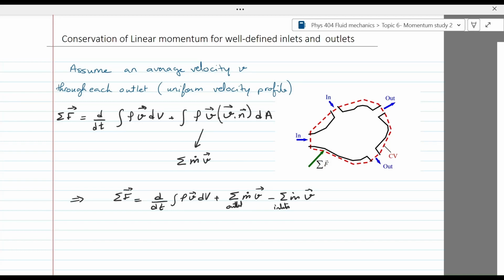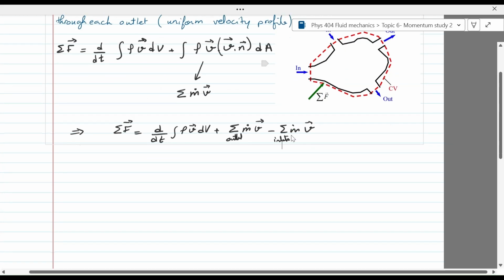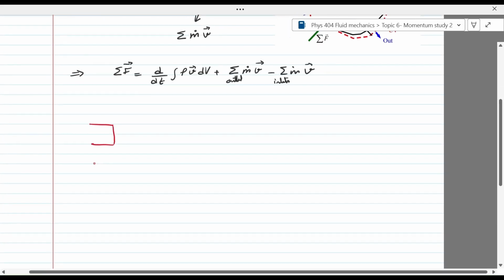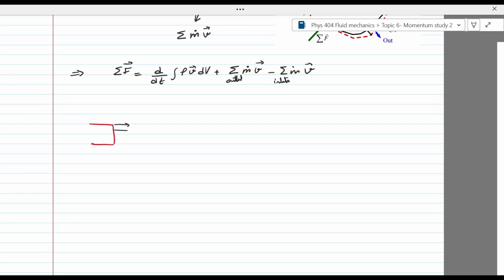Velocity is not really uniform, and taking this as an average velocity over each inlet is not very realistic, because for my outlet, considering the velocity to be constant means a uniform velocity profile. This is an approximation, and it's not very realistic because usually the velocity profile across an outlet looks like this.